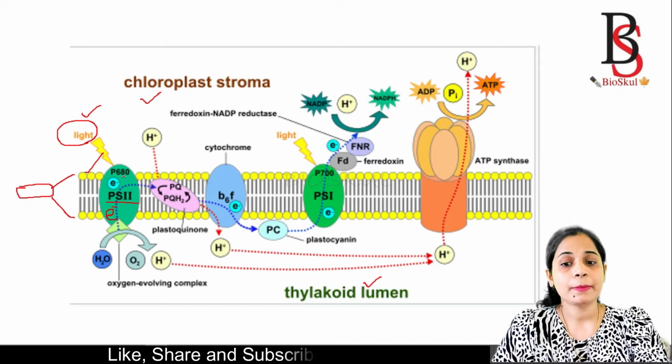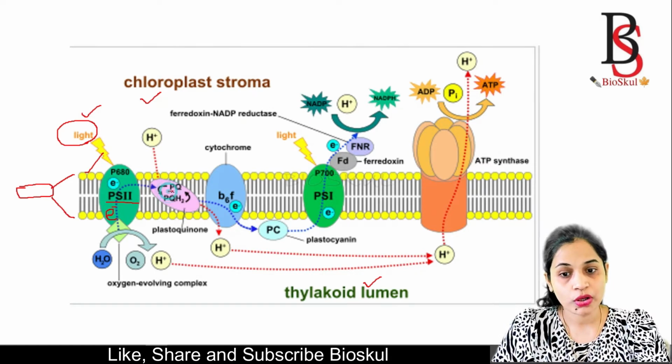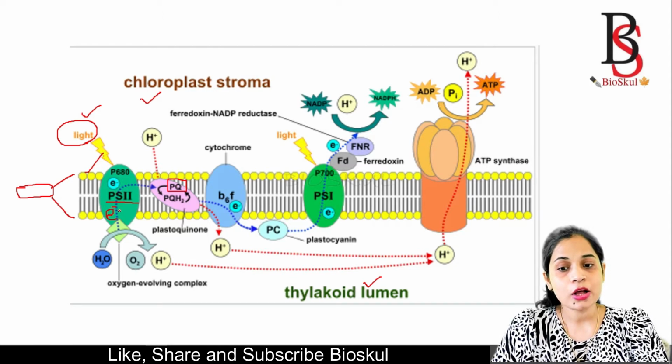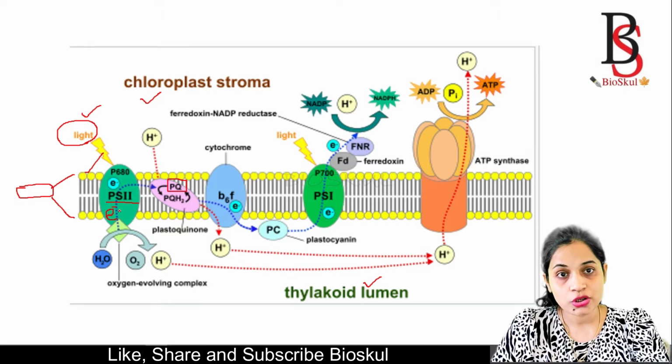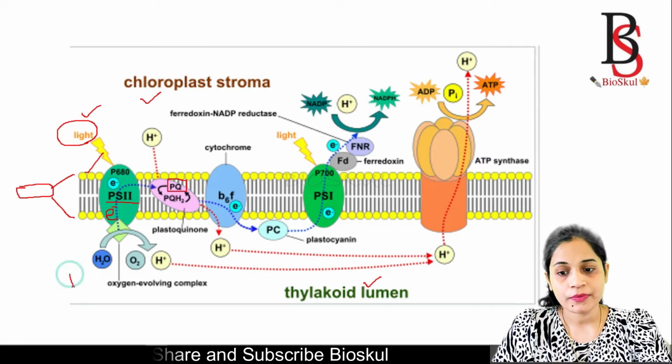But here the first electron acceptor is plastoquinone. When the electron moves from photosystem 2 to the plastoquinone, there is a loss of the electron, and the loss of the electron is filled by the photolysis of water.